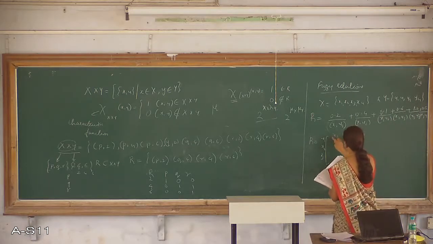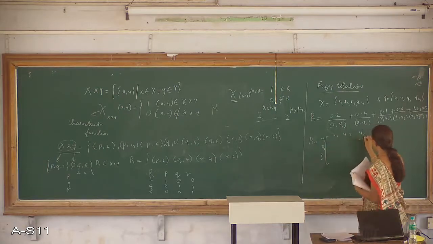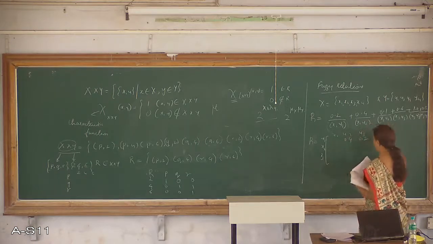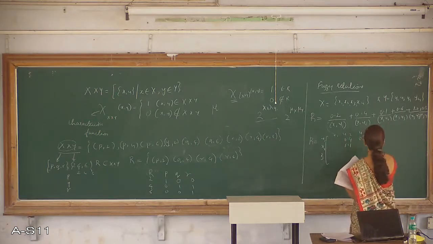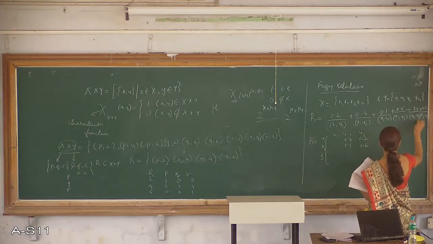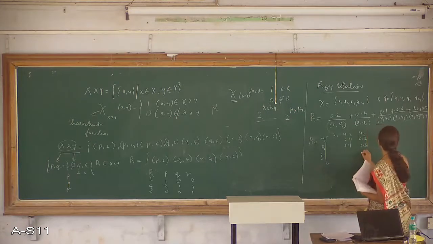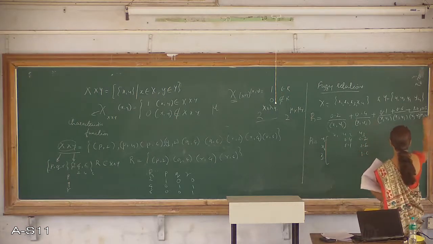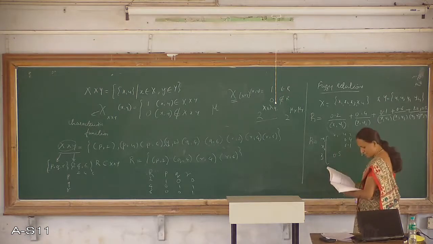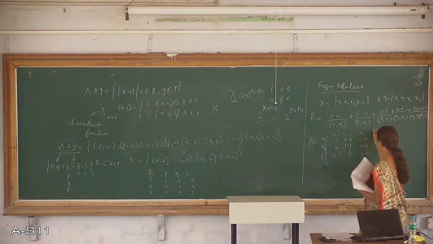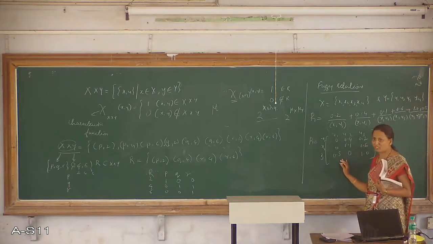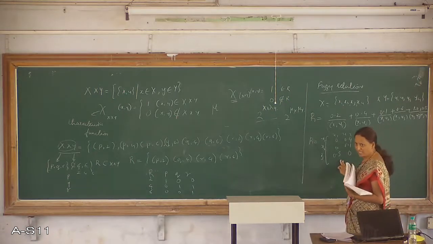So x1, y3 will be 0.2, x1, y2 will be 0.4, x2, y2 will be 0.1, x2, y3 will be 0.6, x3, y3 will be 1, and x3, y1 will be 0.5. The rest will all take the value 0. This is how I represent the matrix format for the fuzzy relation.